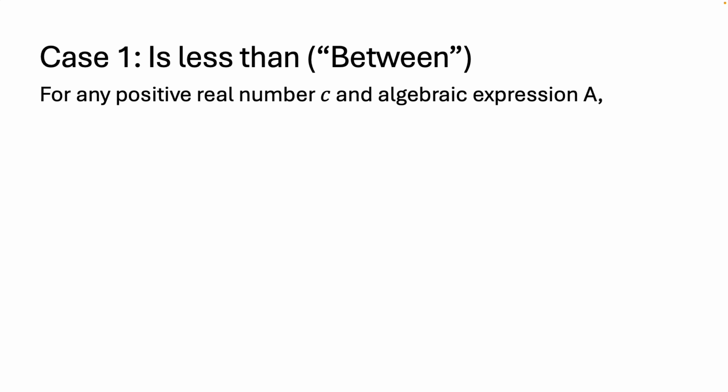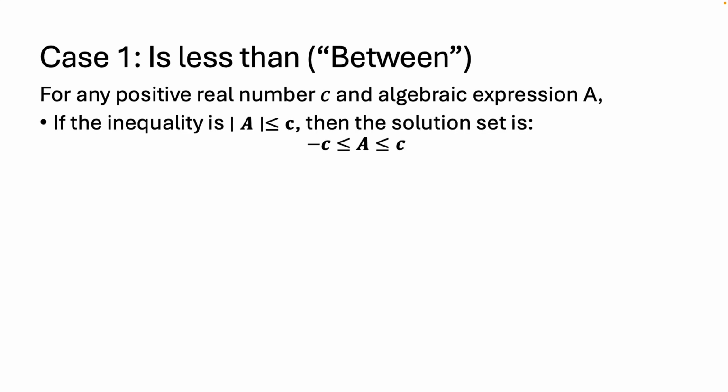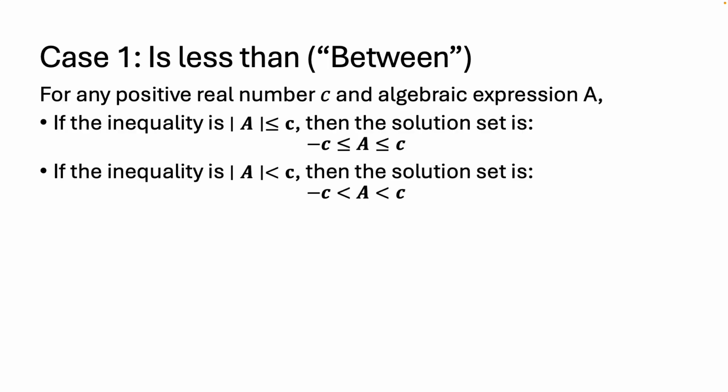For any positive real number C and algebraic expression A, if the inequality is the absolute value of A is less than or equal to C, then the solution set is negative C is less than or equal to the algebraic expression A, which is less than or equal to C. So the algebraic expression A is between negative C and C. If the inequality is the absolute value of A is less than C, then the solution set is negative C is less than A, which is less than C. Once again, the algebraic expression A is between negative C and C. The only difference of these two solution sets is the type of inequality that the original problem started with.